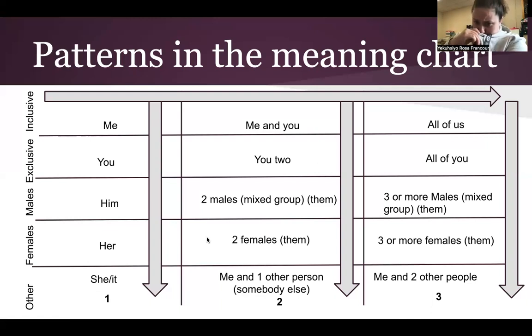And then the last one doesn't really have a relationship. It's just she or it. However, the second and third column has kind of a relationship: me and one other person, or me and 2 or more other people.